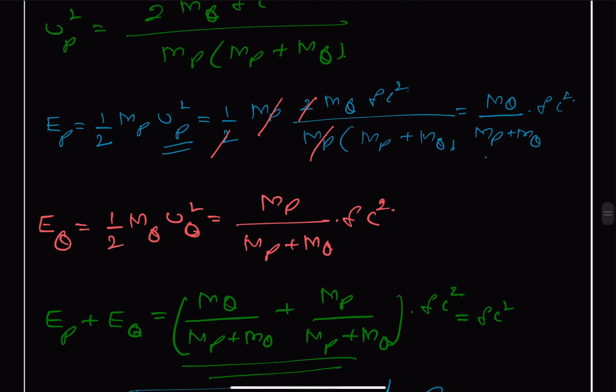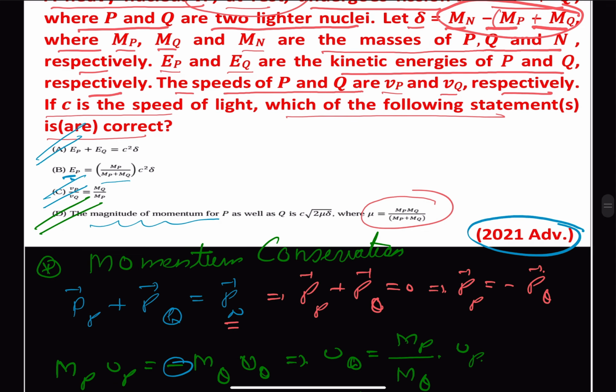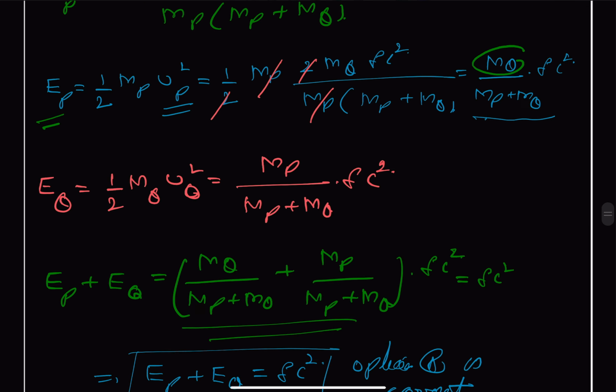Yes, so this is our mp. Okay, so from here we can see that our numerator in this energy of P is our mq, whereas here it is mentioned as mp. So this option is incorrect. Okay, so from here we can say option C is incorrect.